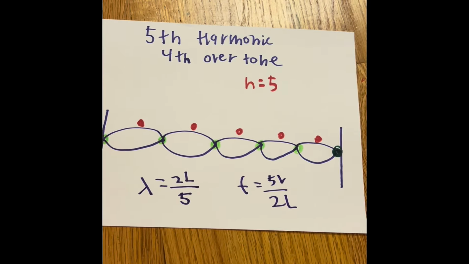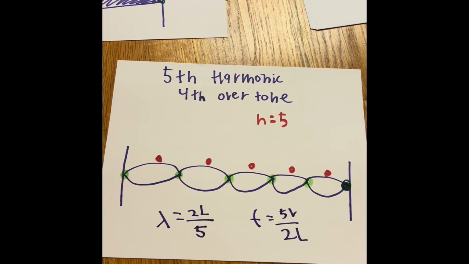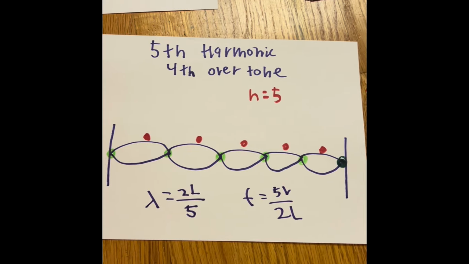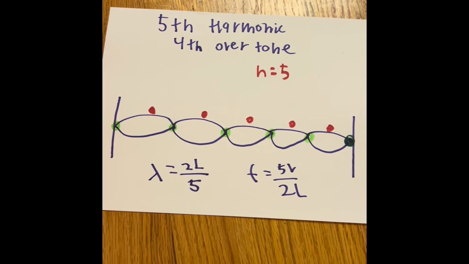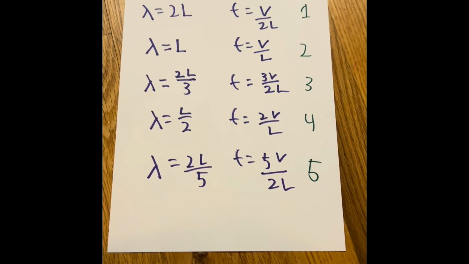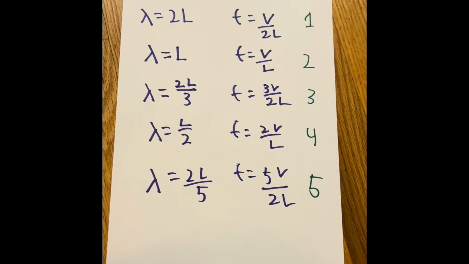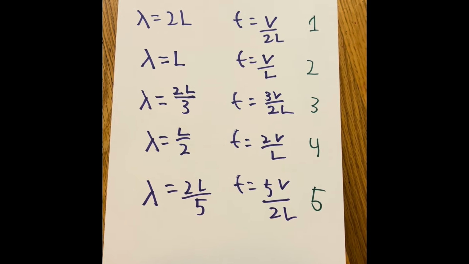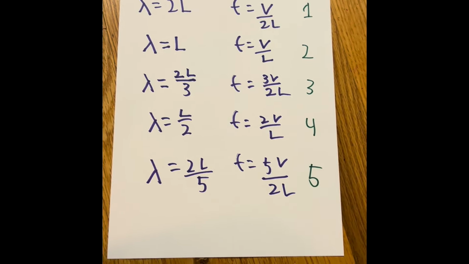So yeah, we have understood all the different harmonics and also all the different overtones and how many antinodes and nodes they have. So, before we end the video, we're going to put this as a reference to understanding the different formulas if you want to look into the different harmonics. 1, 2, 3, 4, and 5.